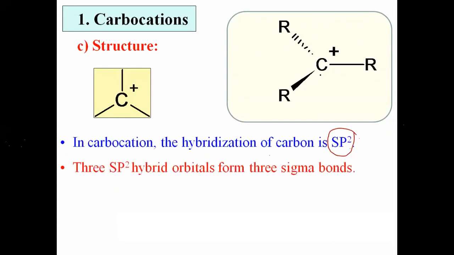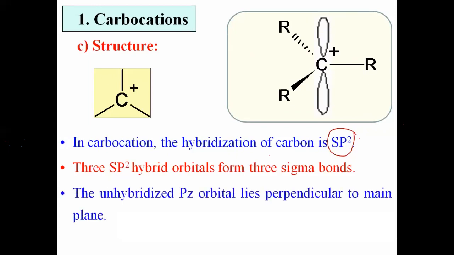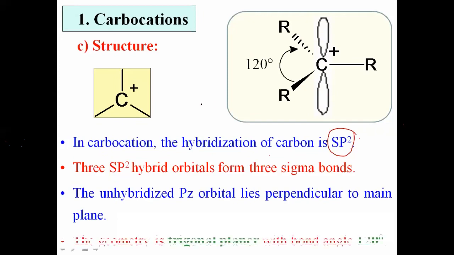Then next point, there is unhybridized orbital which lies perpendicular to the main plane. आणि last point, just geometry is a trigonal planar with bond angle 120 degree. Okay, this is the 120 degree bond angle. Okay, this is about the structure of carbocation.